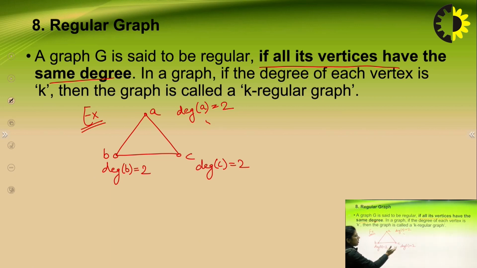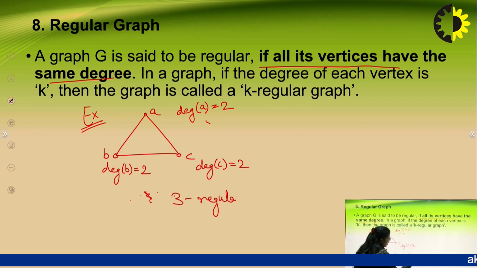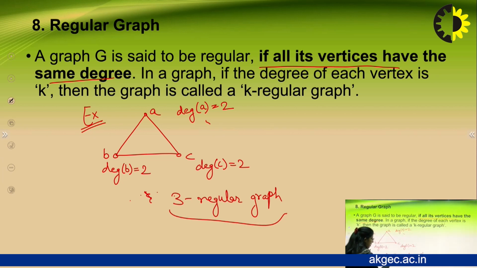So this is an example of a regular graph. We can write it as a 3 regular graph. This is the name for this particular graph.